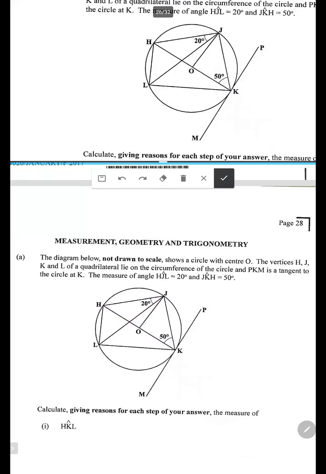Those 2 angles are subtended by the same chord. So we can write angle HKL is equal to angle HJL, which is 20 degrees.